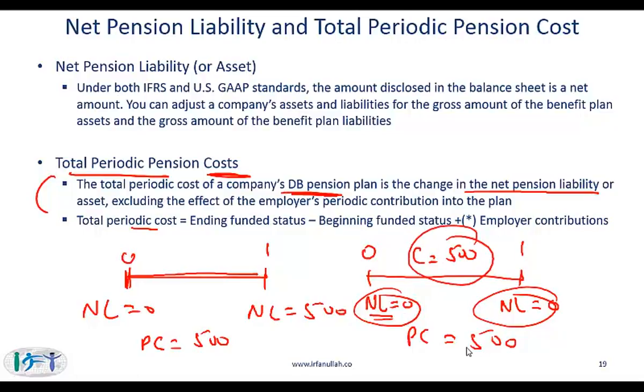So you add the contribution. Now I have used the convention here that the funded status is a liability. When I use that assumption, then the formula is that the periodic cost is ending funding status minus beginning funding status plus employer contribution. If you look at this particular segment in the curriculum, instead of saying plus, they say minus.